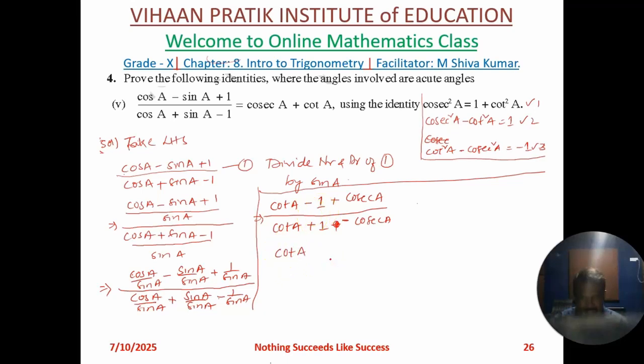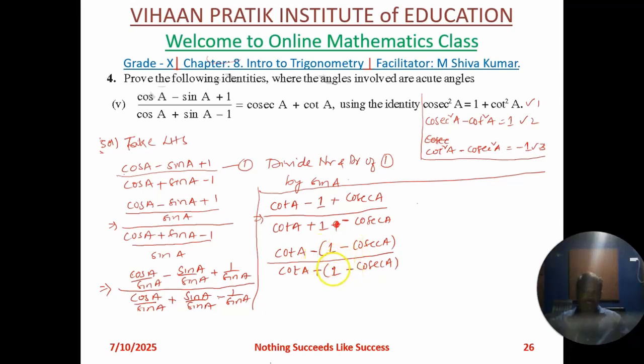Now after rewriting this equation, we can rewrite it as: I am taking minus as common in the numerator, so minus into minus is plus, giving 1 minus cosecant A, divided by the denominator, where I take plus as common, so 1 plus, and minus cosecant A. So we have made cot A common in both numerator and denominator with signs changing.